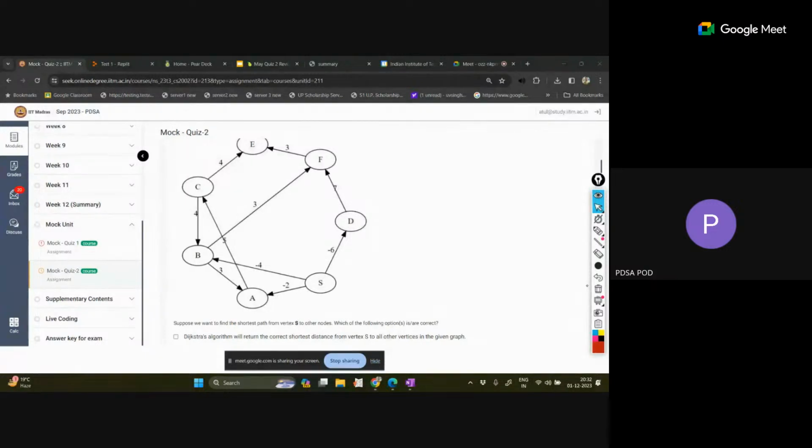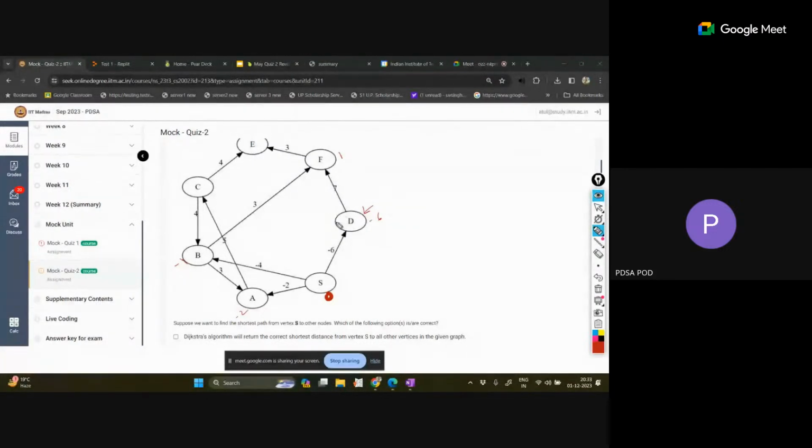In this case, if you are selecting this 0, then this will become -6, this is -2, and this is -4. Now for the next case we will select this one, and from this -6 we go to F. So what is the final update? 7 minus 6, this will become 1.